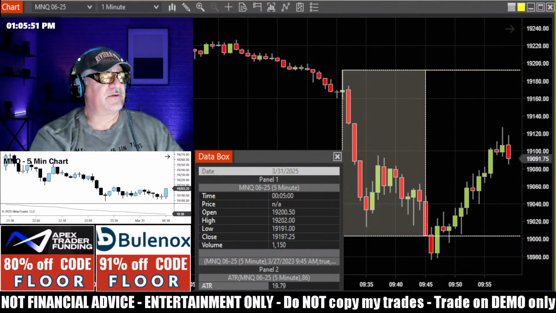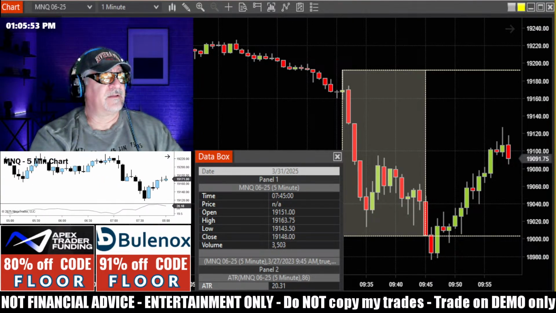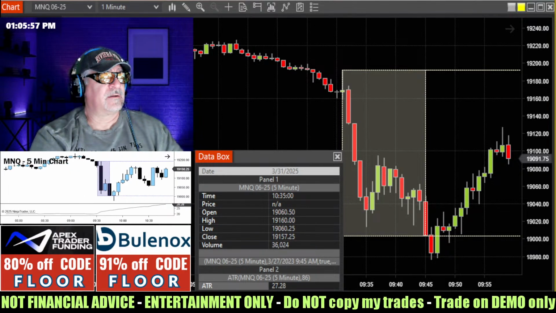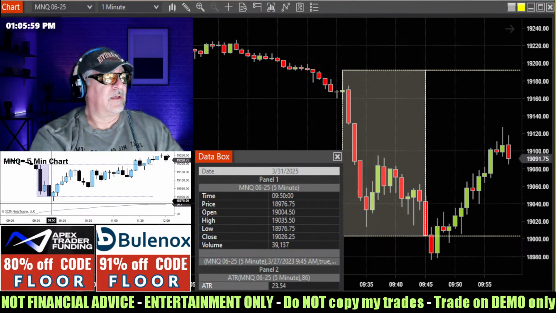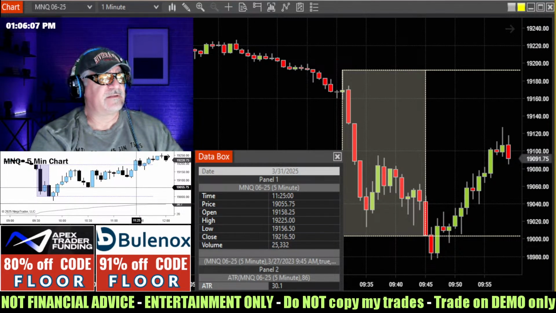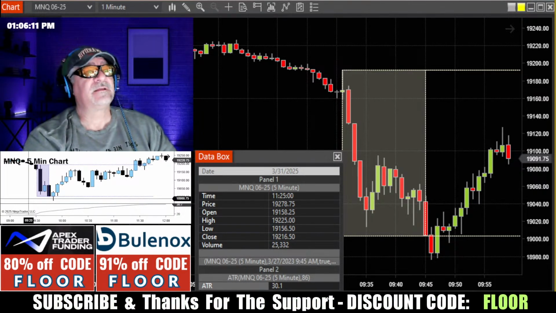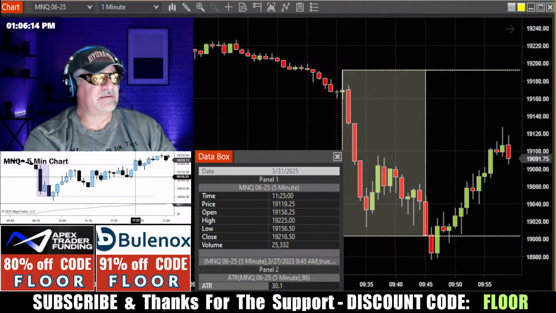And let's get the 31st up on the 5-minute. First candle. Inside, all the way inside. The first candle that closes outside is at 11:25. That qualifies.